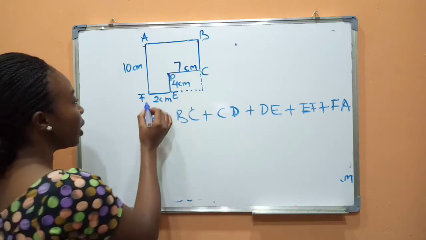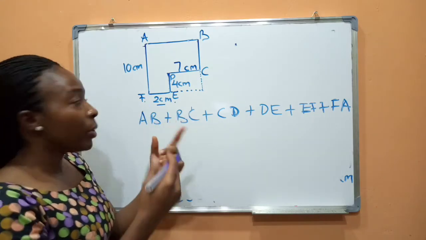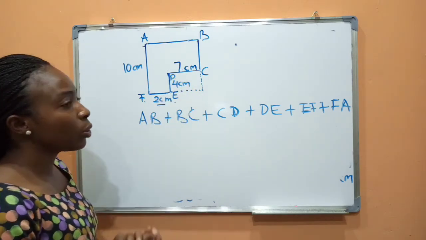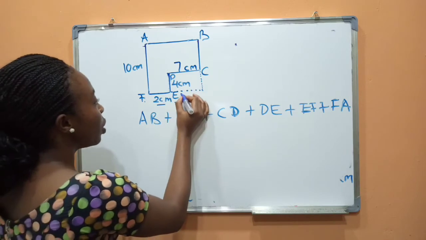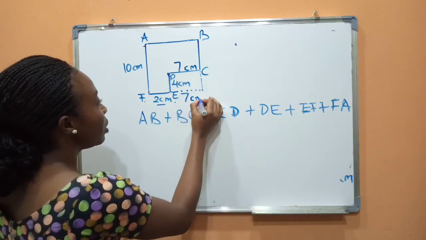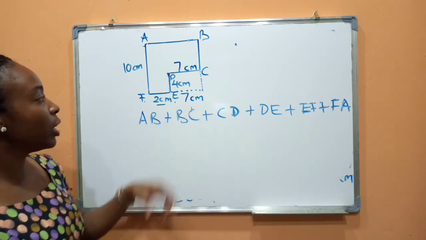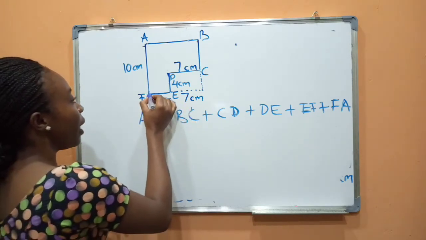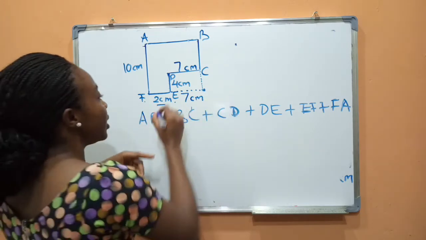And we already know that FE is 2 centimeters. Remember that opposite sides of a rectangle are equal. Since we have 7 centimeters here, that means we are going to have 7 centimeters here. So that means the length of F to this very point is what? 9 centimeters.